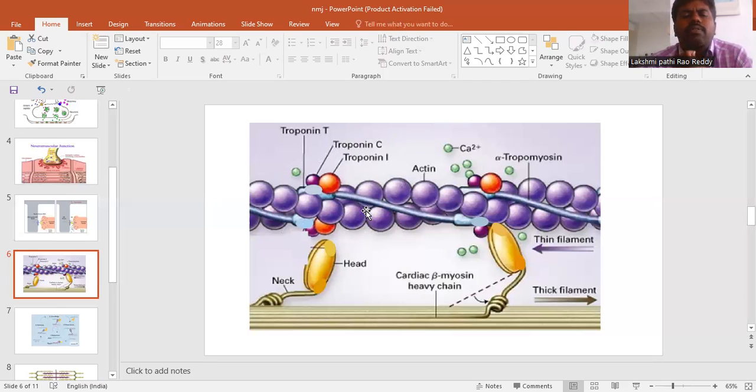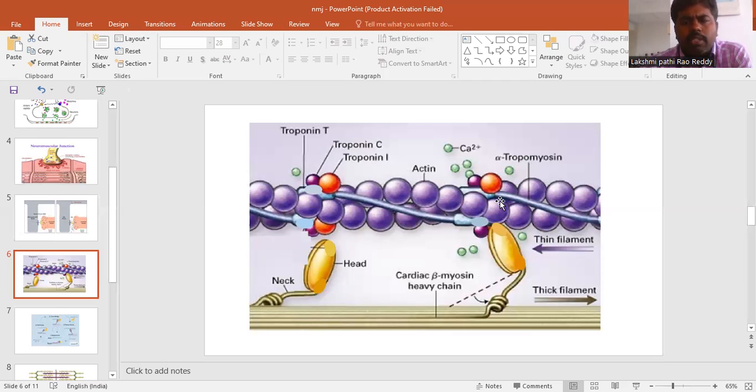Once the calcium binds with the troponin C, then only will the active sites of the actin filaments be displayed. So this is the first half, in the relaxed phase. During the relaxed phase, the head of the myosin is apart from the actin filament.